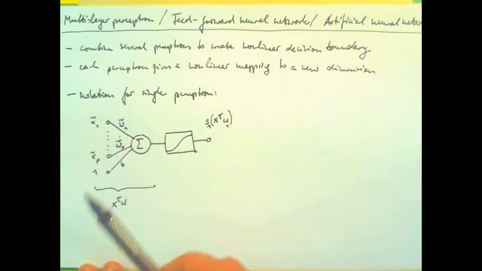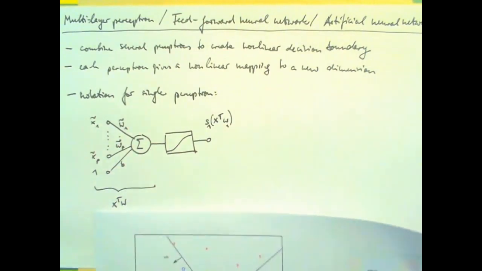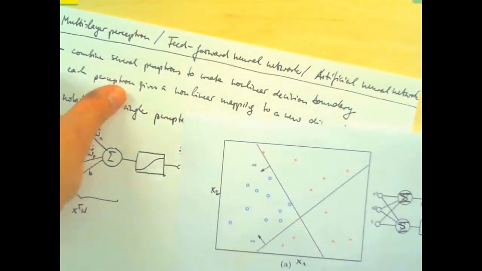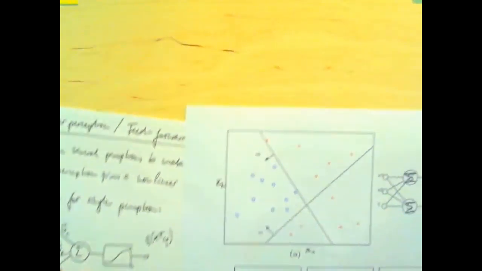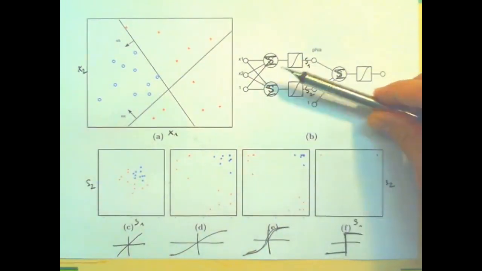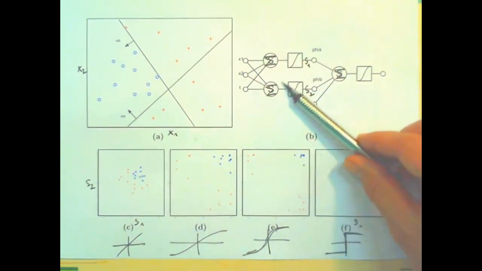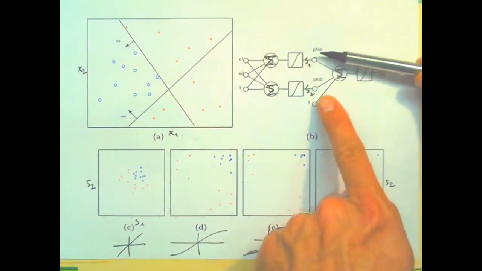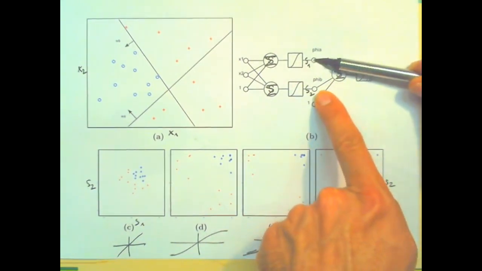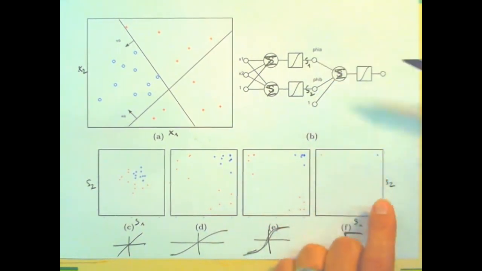And now I can replicate this entire structure. So in particular here, you see that I now have 2 perceptrons in the first layer, and they produce these artificial new dimensions, and then I have a perceptron in the output layer.